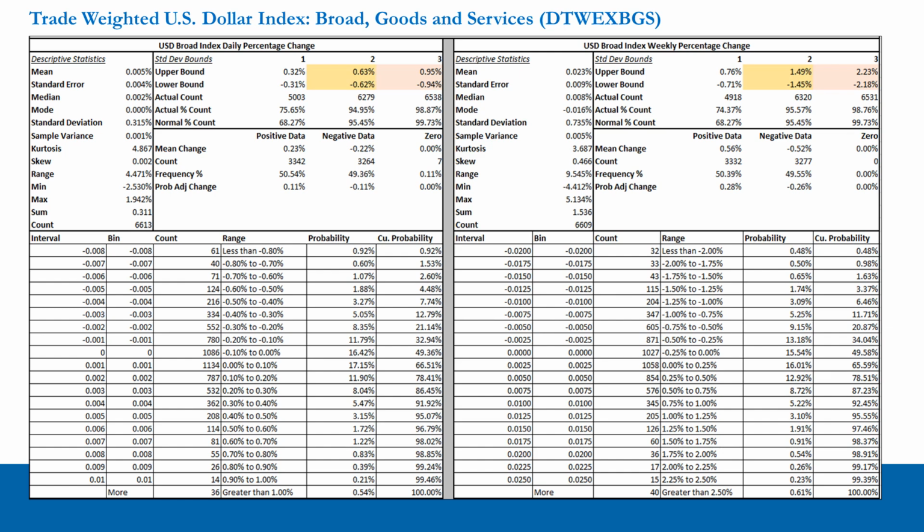On the page here, we have the Broad Index, and we've done the work for you here. You can analyze, for example, 2 and 3 standard deviation moves, both on a daily basis, using daily data, and on a weekly basis, using weekly data. So daily data is on the left here, and weekly data is on the right.